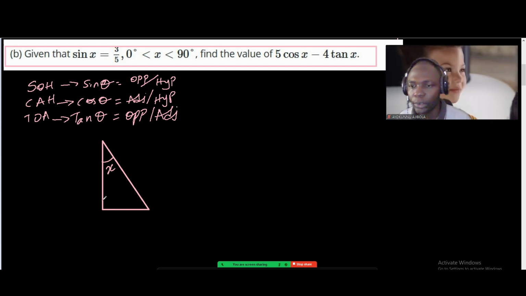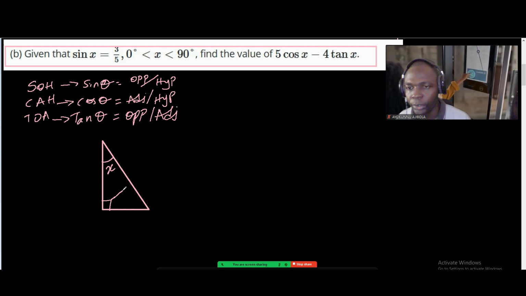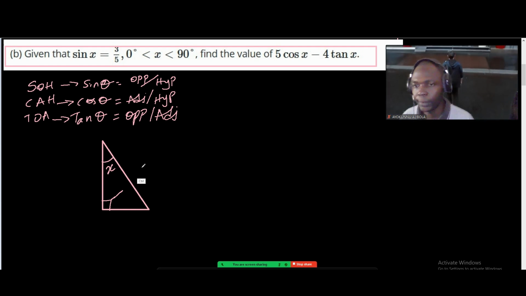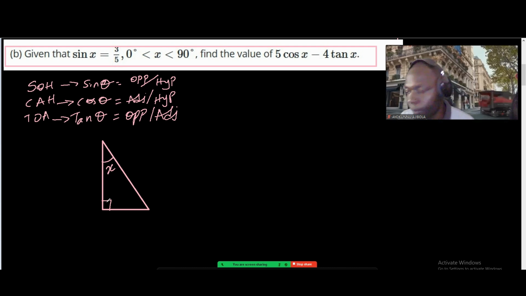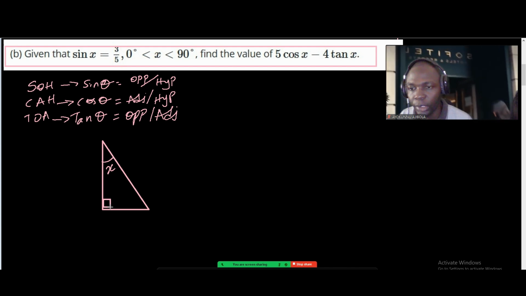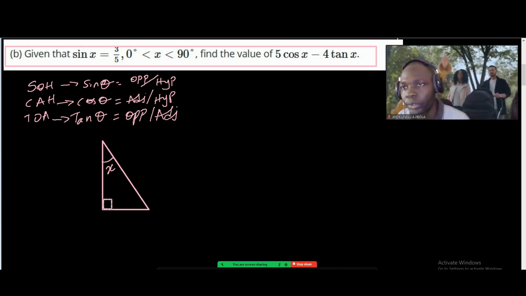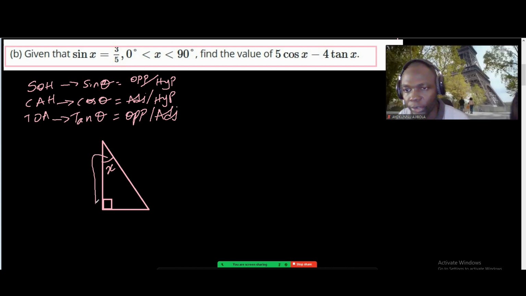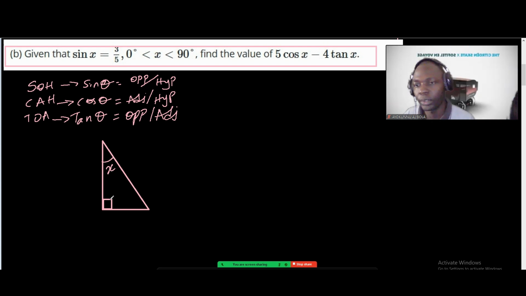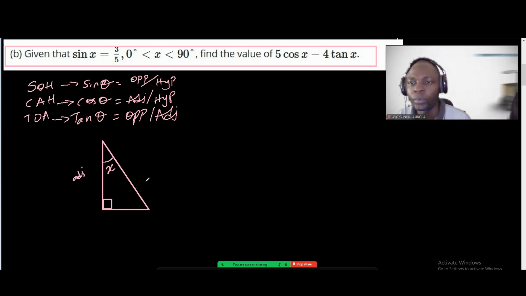The hypotenuse is the line facing the right angle, this slanted line. The other line that joins x with the right angle is what is called the adjacent. So in this case, this is our adjacent, and this is our opposite, facing x.